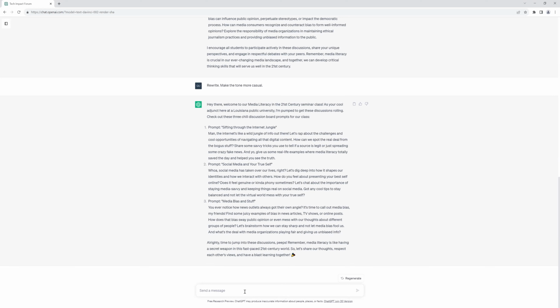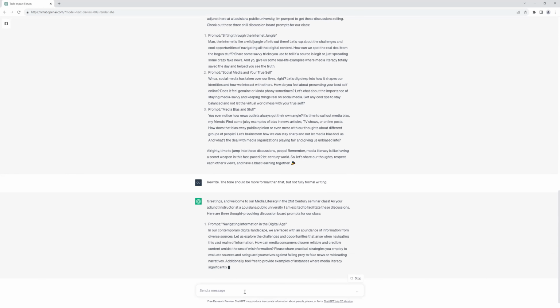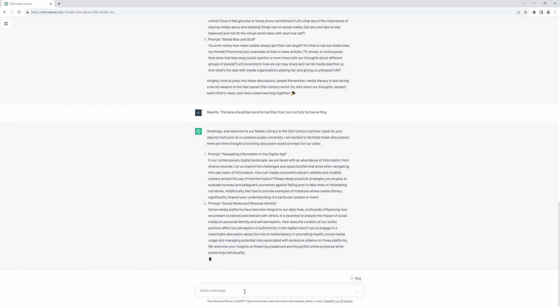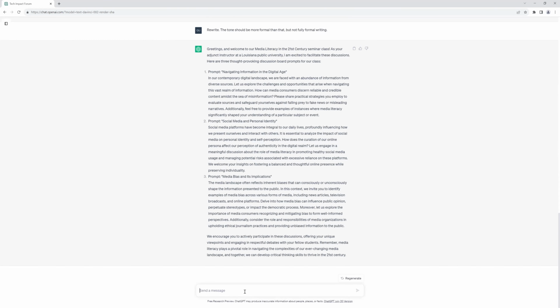So let's say rewrite, the tone should be more formal than that, but not fully formal writing. So maybe that gets us what we want. And I'm not exactly sure what you would want there. Obviously, that's based on what you're doing, but you can see the idea that an act as will give us something different.